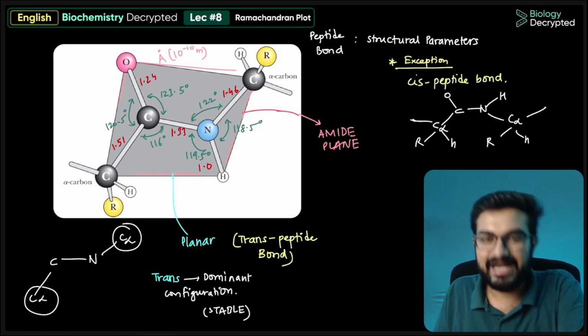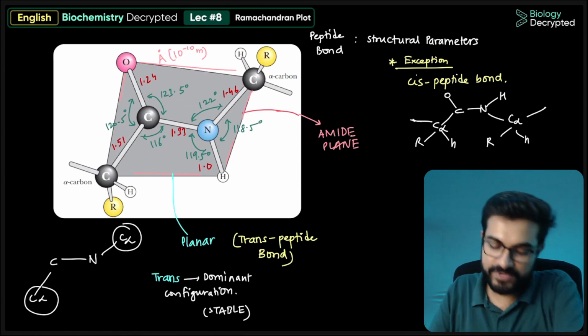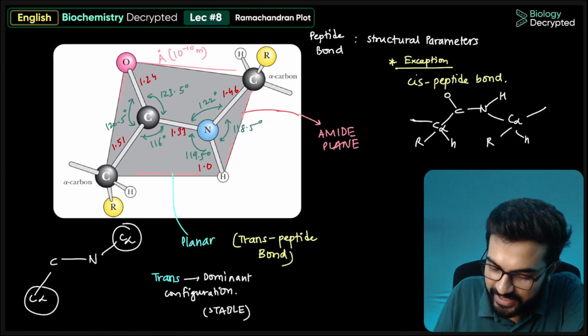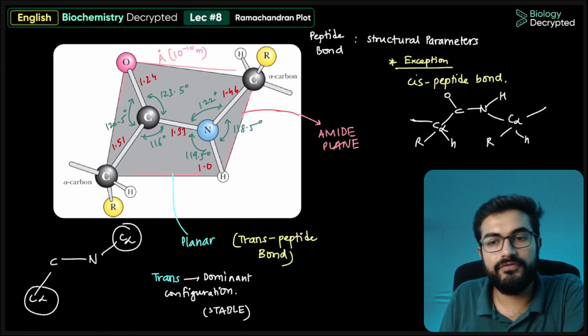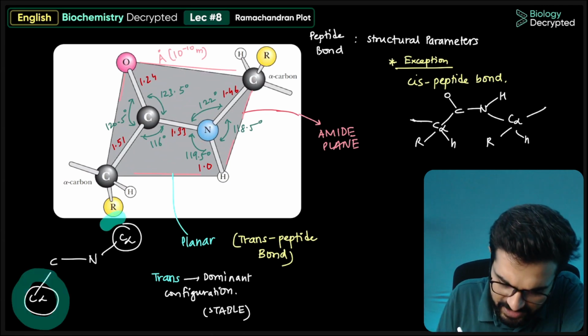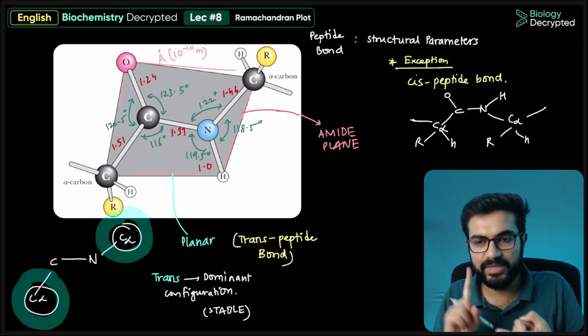In most cases, these R groups can be very, very bulky. If you look at the van der Waals radii, this will have a van der Waals radius here, and this will have it here, and obviously they will be opposite to each other, so they won't have steric clashes or steric hindrance.